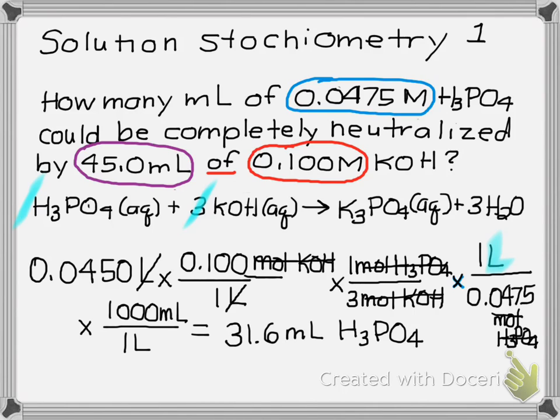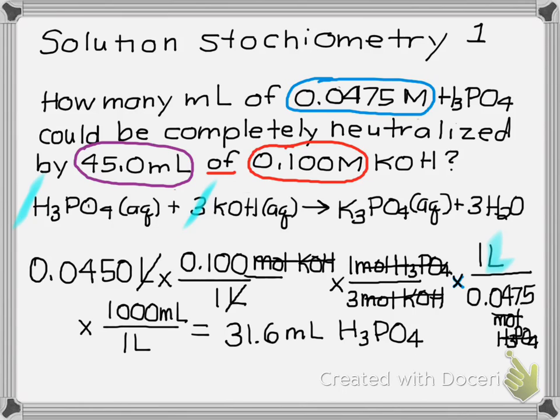So basically, reviewing the problem, I started with the volume and the molarity of the KOH that I was given, and by multiplying the volume times the molarity, I ended up with moles of KOH. Then I multiplied by the ratio of what I was looking for, the phosphoric acid divided by the KOH, and then that gave me moles of phosphoric acid.